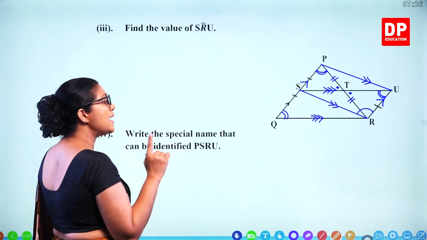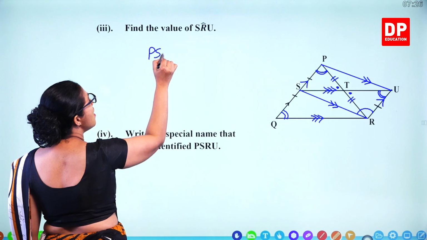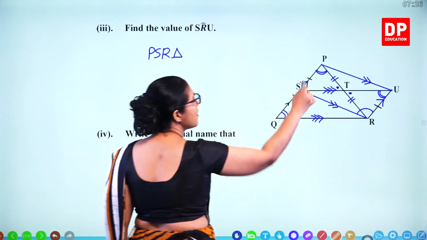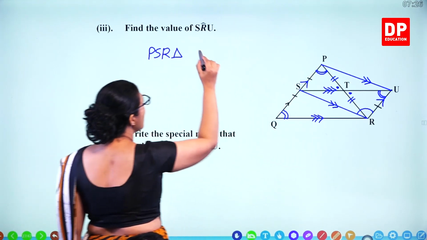So we'll take triangle PSR and triangle QSR.